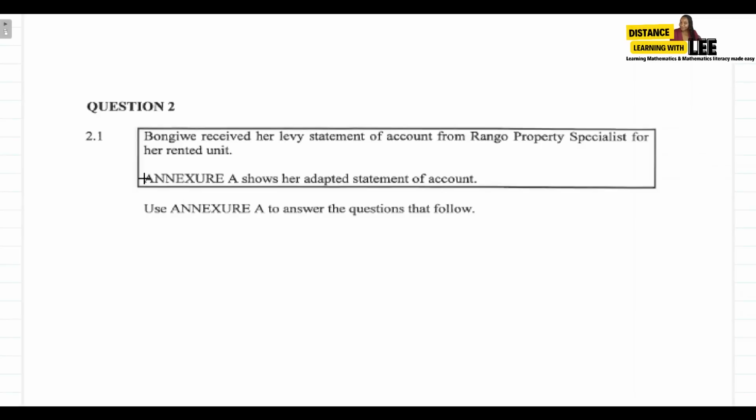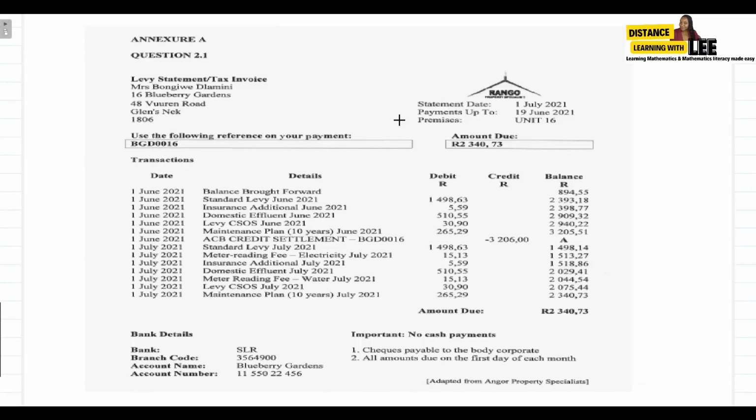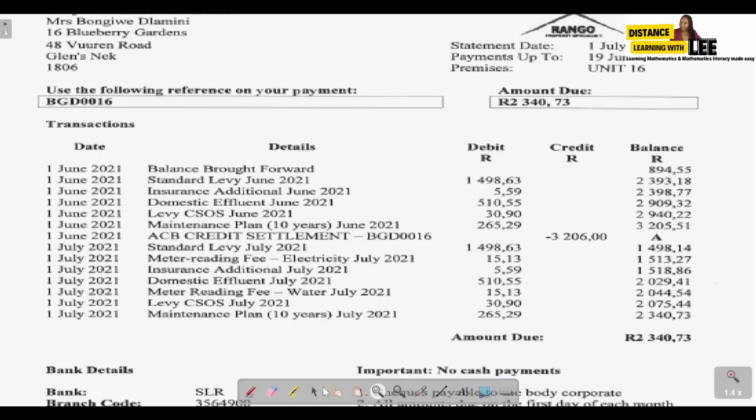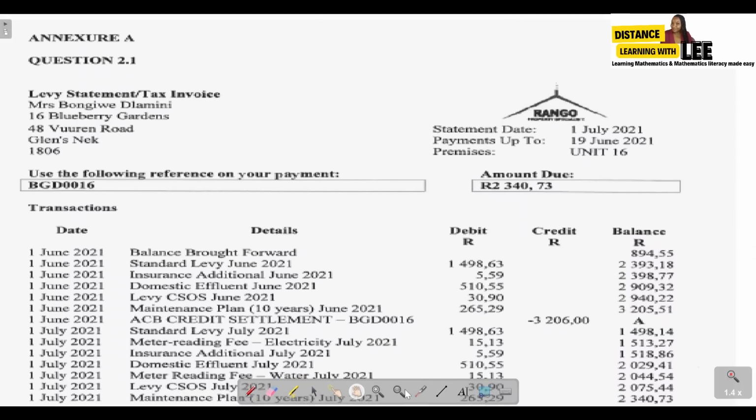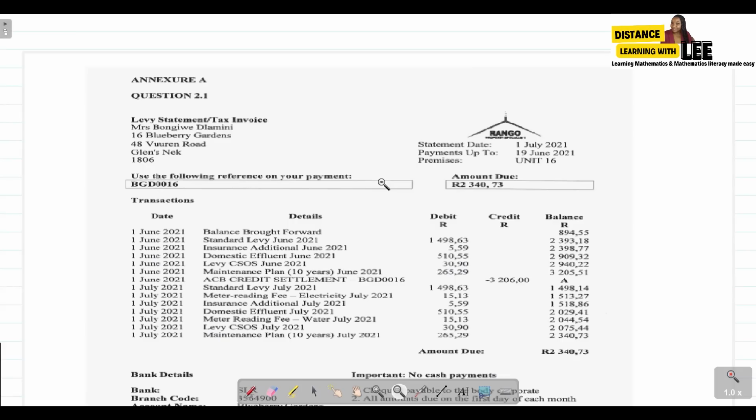We are told that Annexure A shows her adapted statement of accounts, and we are told to use Annexure A to answer the questions that follow. So I've extracted Annexure A and I've put it here. I hope everything is nice and clear for you guys and you see everything that is going on here, okay? Right, so that is basically our Annexure A.